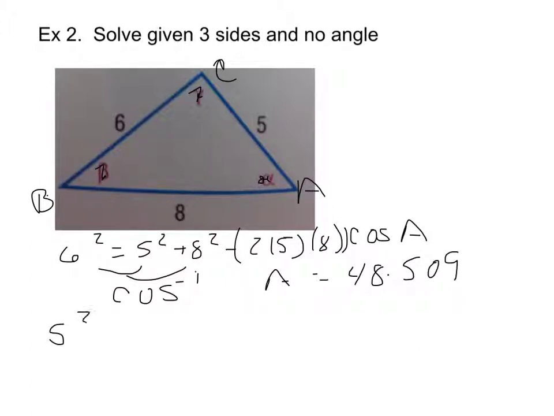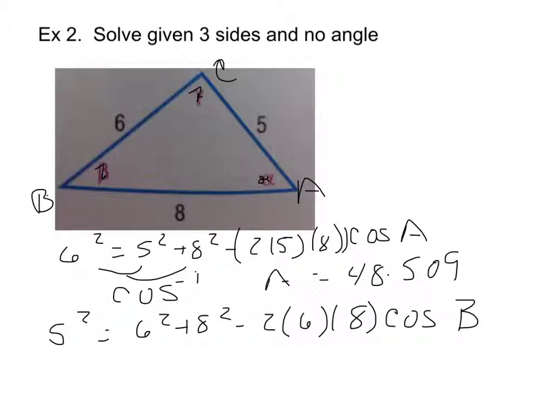I did the same thing to find angle B. I said 5 squared equals 6 squared plus 8 squared minus 2 times 6 times 8 times the cosine of B. Using the inverse button, I ended up with B equal to 38.624.